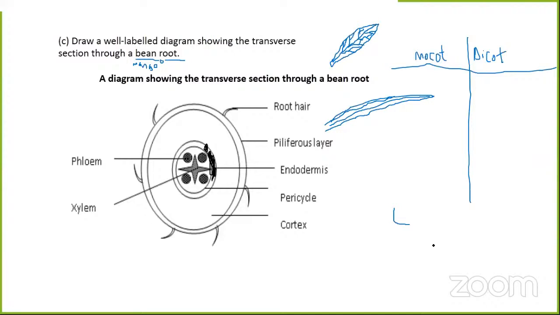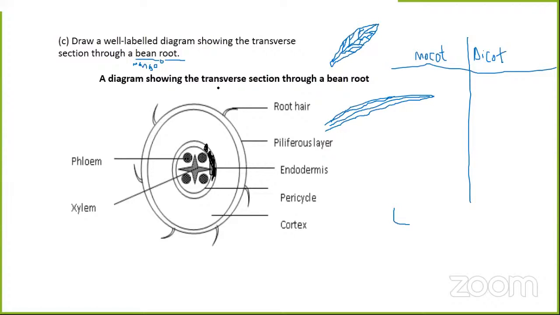So if you know that a bean plant falls under class Dicotyledonae, it means it is a dicot, so it must have broad leaves and network veins in its leaves. Even when you are drawing the transverse section of its root, its xylem is in the form of a star shape. Those are some of the differences which they ask.